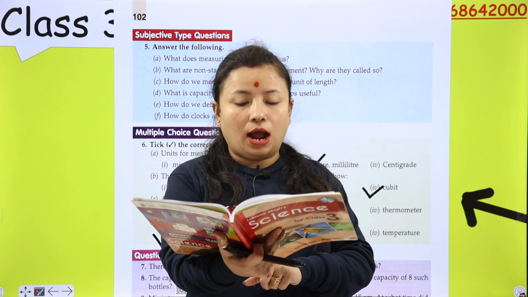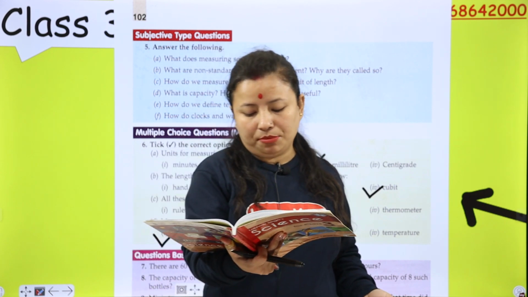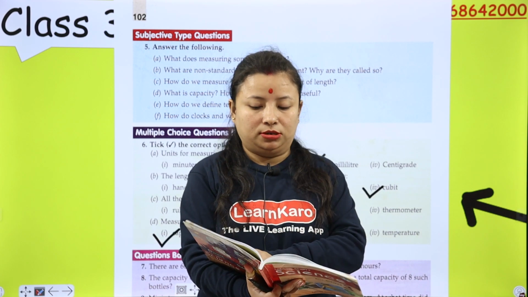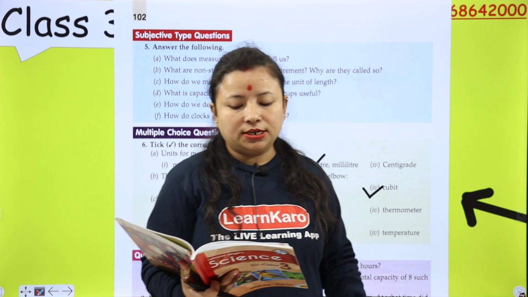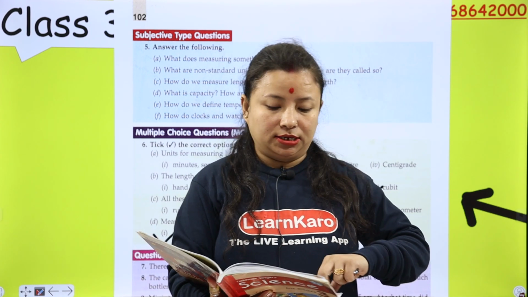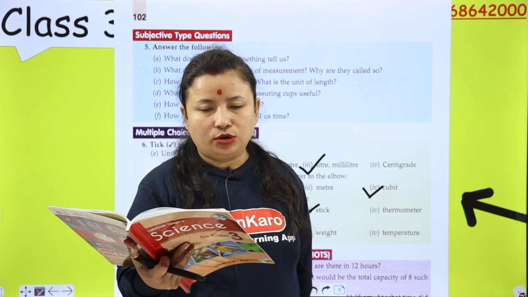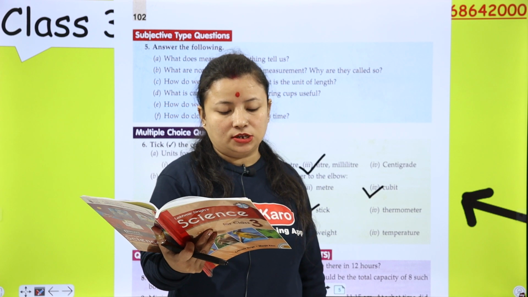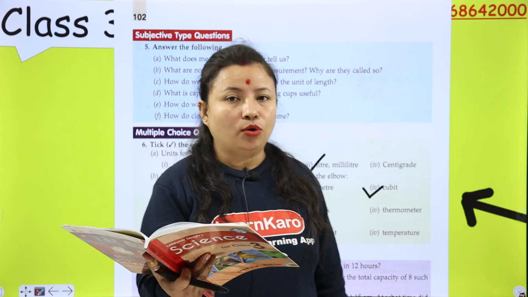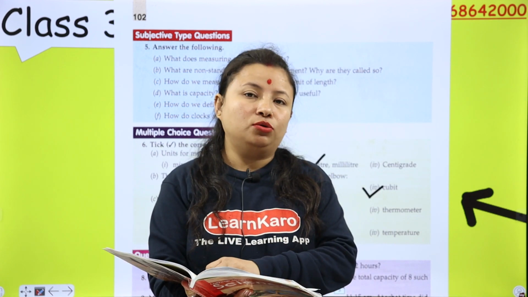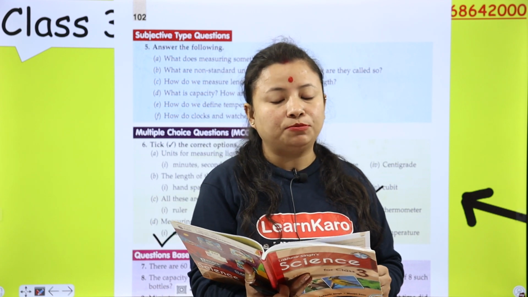Longer lengths are measured in meters while shorter lengths are measured in centimeters. Next is, what is capacity? The quantity of liquid that a container such as a bucket, mug and jug can hold is referred to as its capacity.